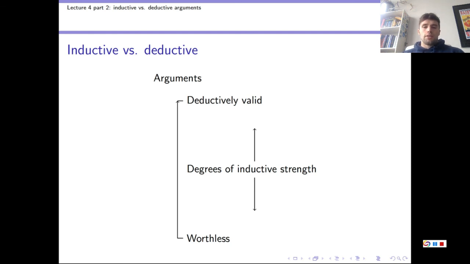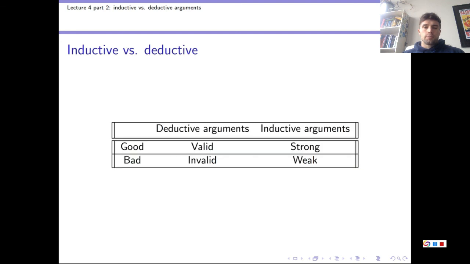And we've also seen the following important thing. Deductive arguments are either valid or they're not, they're invalid. Inductive arguments, on the other hand, are either strong or weak. Inductive arguments cannot be described as valid or invalid because the definition of validity only makes sense for deductive arguments.